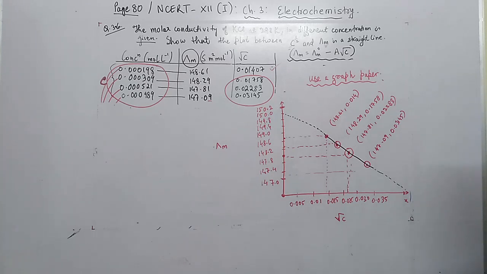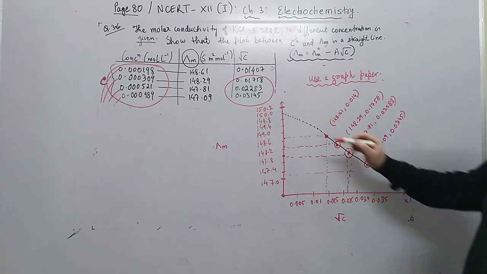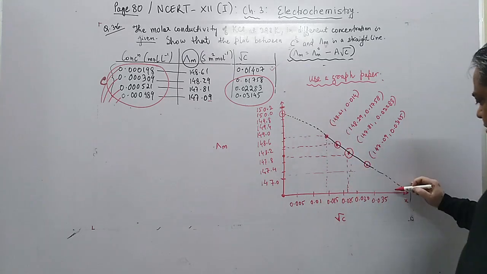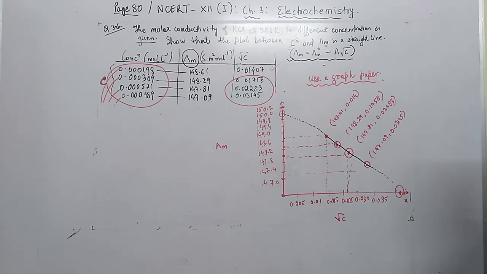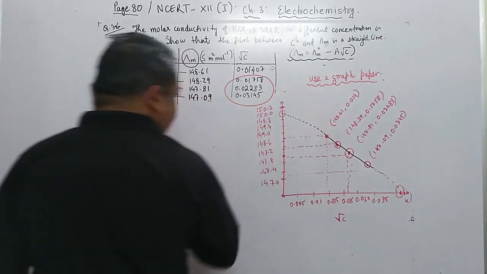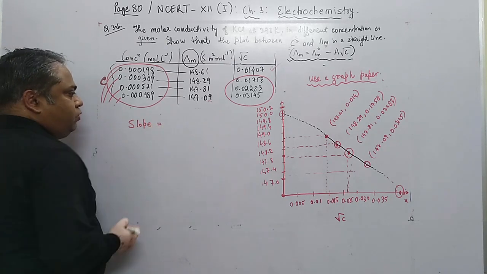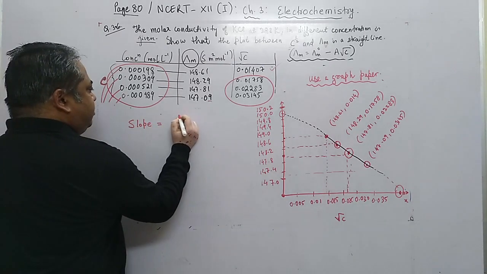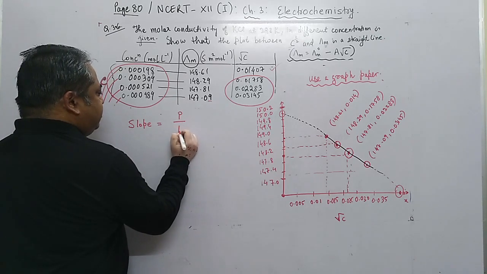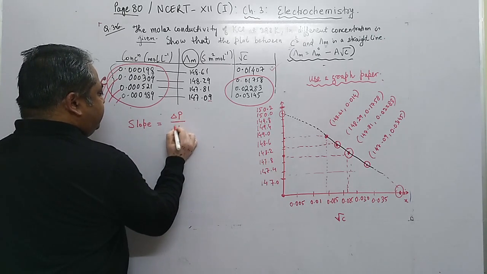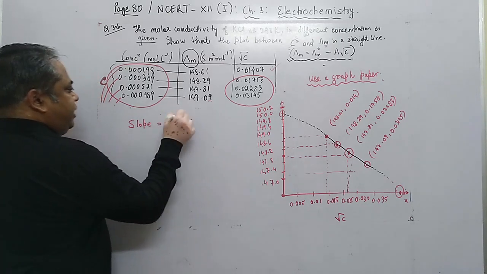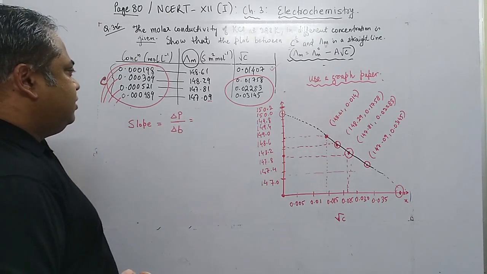In your graph paper, if you do it properly, then the end values of the coordinates, whatever will be there, if you find the slope of that, slope is always perpendicular by base, delta perpendicular by delta. So we can find out the difference in the coordinates of this.